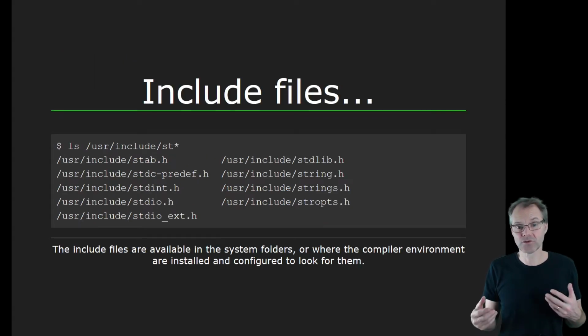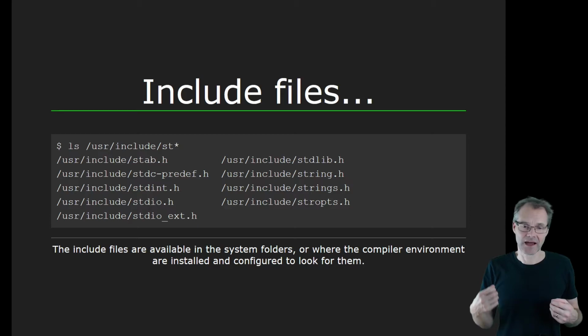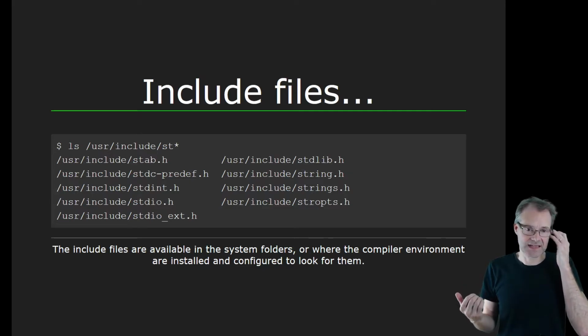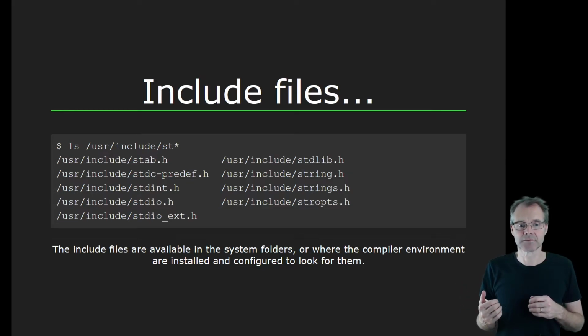So if I want to see what include files I have, I need to look at those directories. Here I found some of my standard include files by checking my directory /usr/include and listing all the include files starting with st. This will of course look different on your setup.